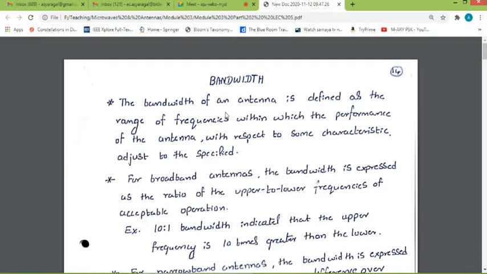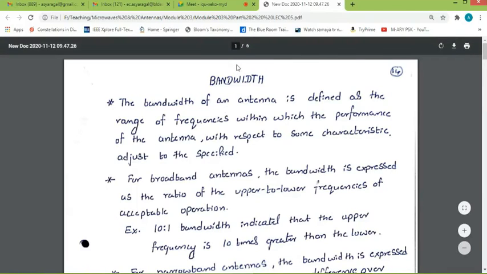So what is the bandwidth, especially concerned with the antenna? It is again the same definition, but with a little added statement.